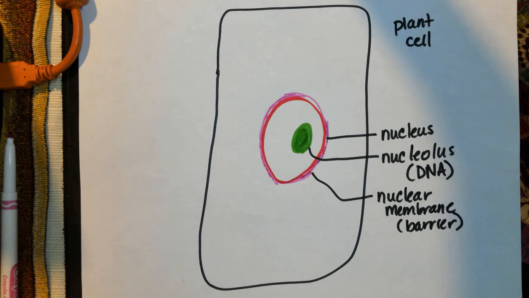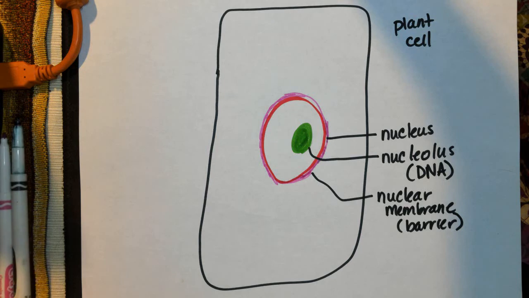The nucleus holds lots of important information in the form of DNA, and so the plant cell wants to make sure that it is extra protected. All right, so in addition to these similarities, there are also organelles floating around within the cytoplasm.